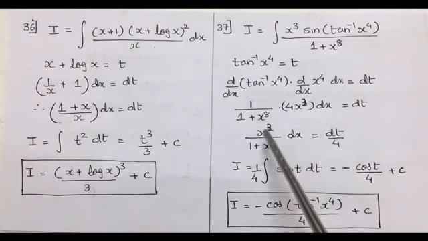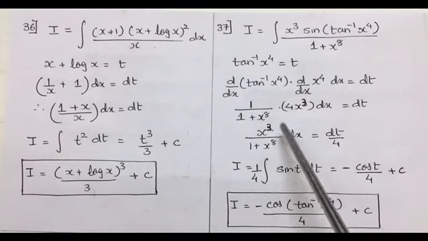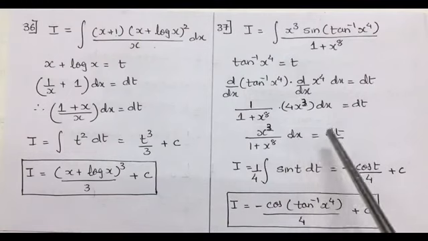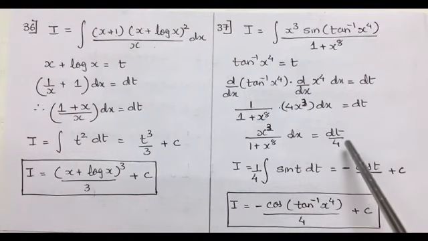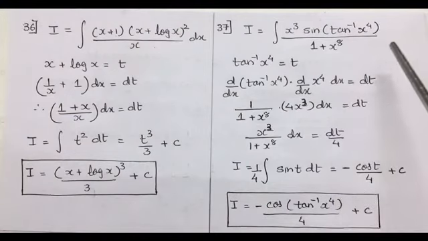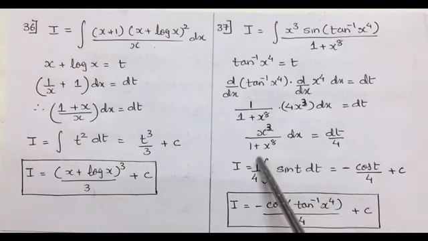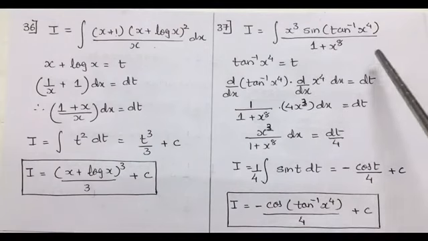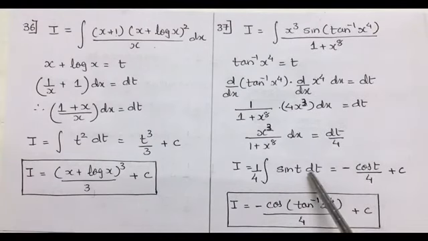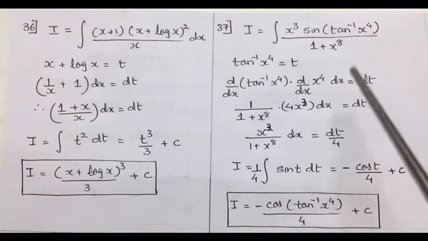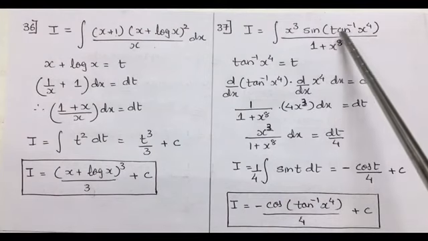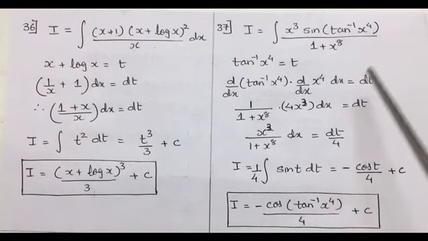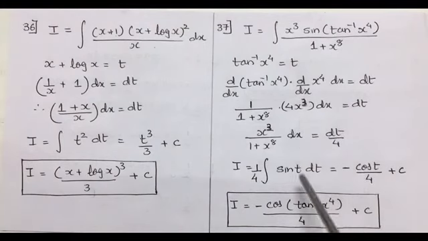Now taking x cube upon 1 plus x raised to 8 together with dx, shifting 4 to the other side, we get dt by 4. Now keeping all the values here, in the place of x cube upon 1 plus x raised to 8 dx, we will keep dt by 4. And in the place of tan inverse x raised to 4, t is being replaced.